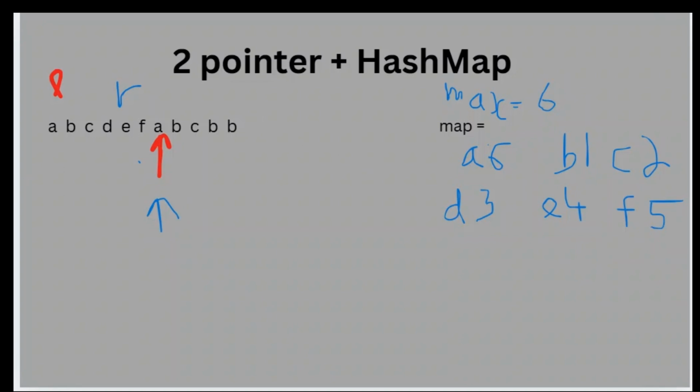And after that, right is incremented again and it points towards b. So the b value is changed to 7. And the right pointer points towards c, and then the value of c is changed in the map.